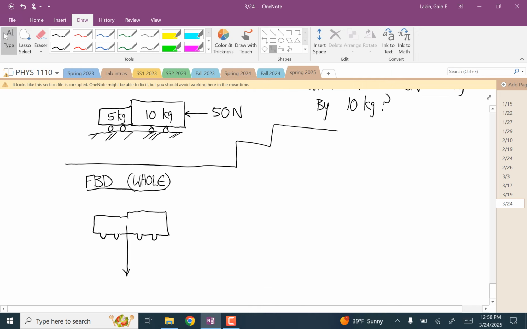So 15 times 9.81 is 147.15. And then go around the boundary looking for contact. There's a pushing force from the ground. I'll call that N total. And then there's the 50 Newton force over here.